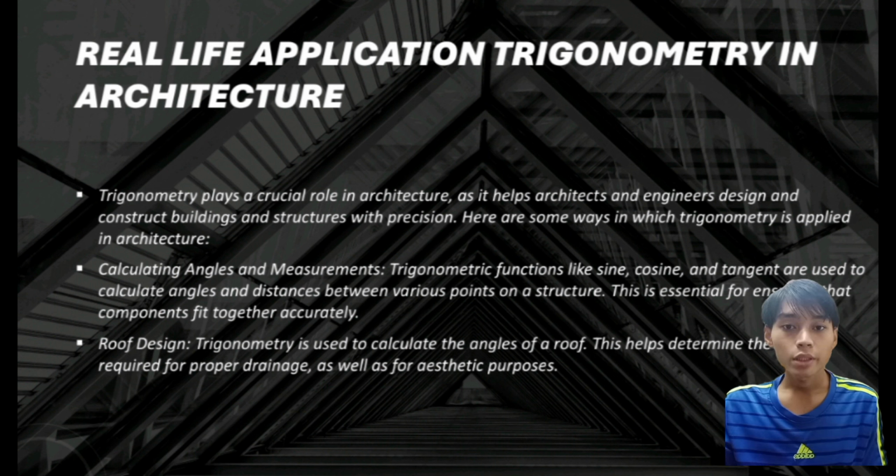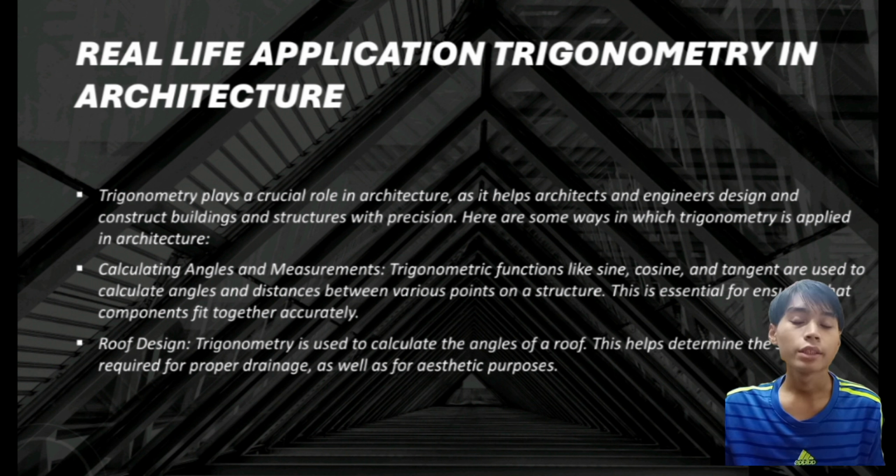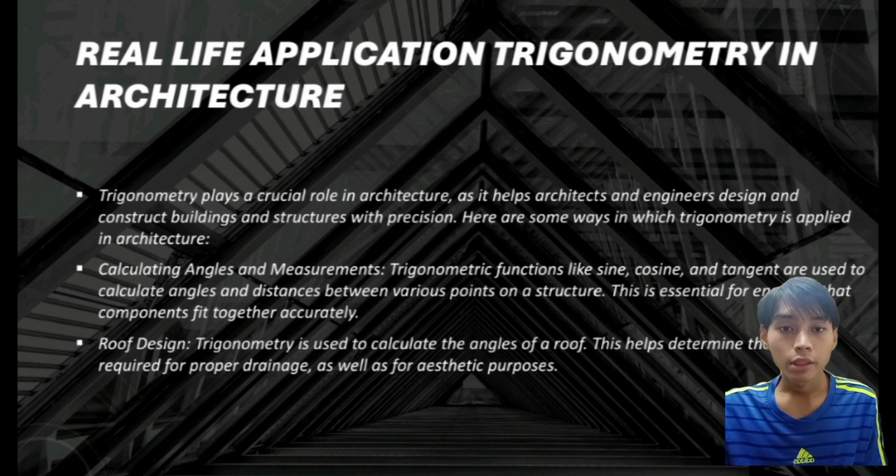Trigonometry plays a crucial role in architecture as it helps architects and engineers design and construct buildings and structures with precision. Here are some ways in which trigonometry is applied in architecture. Calculating angles and measurements.